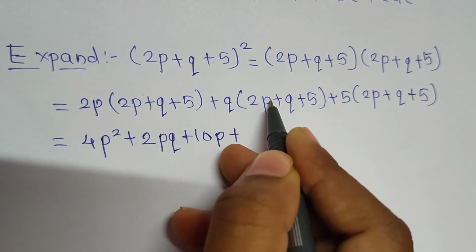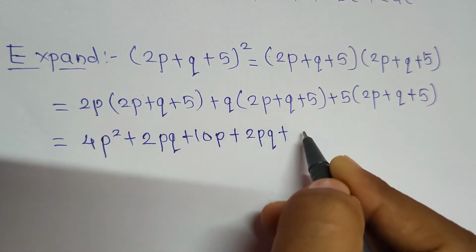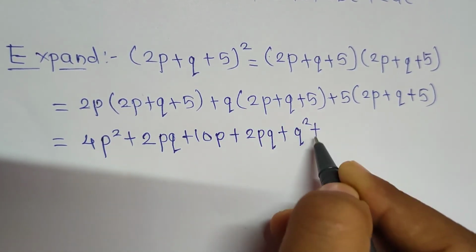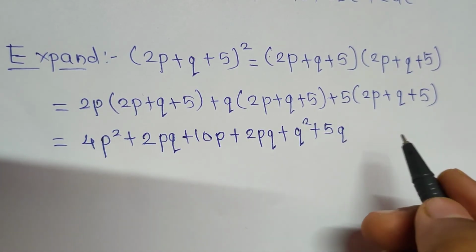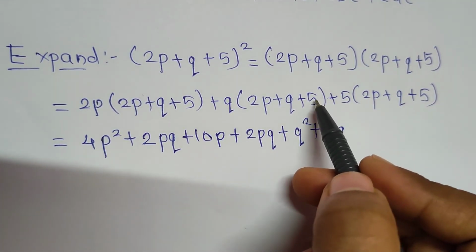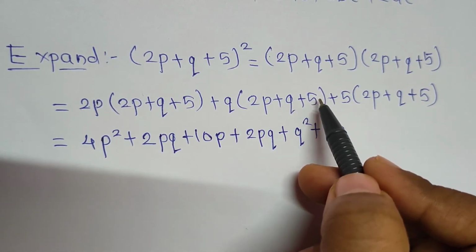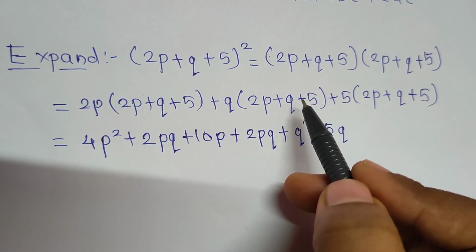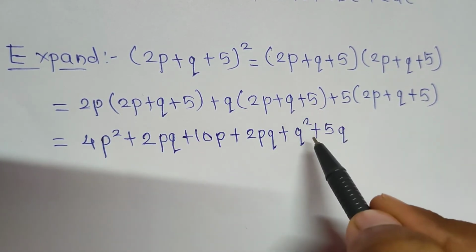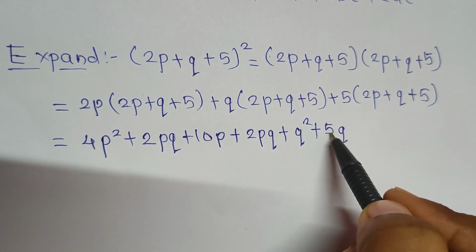Plus q into 2p, 2pq, plus q into q, q square, plus q into 5, 5q. Always remember that you write the number in the beginning and the letter later on. The number is called the coefficient and the letter is called the variable in mathematical form. When they are in pairs of numbers and letters, they are called coefficient and variable.